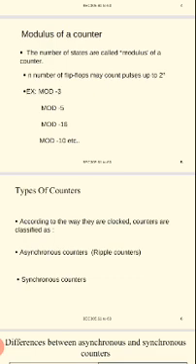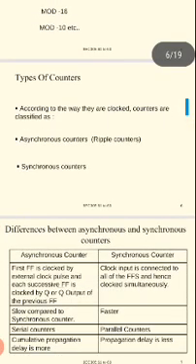Let us discuss the difference between asynchronous counter and synchronous counters. Here differences are there.